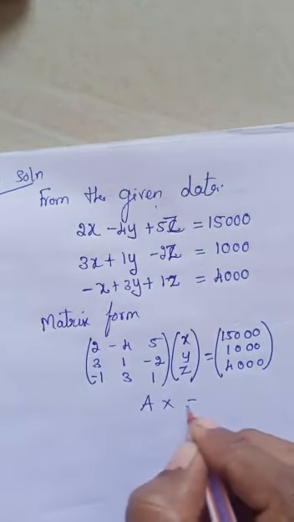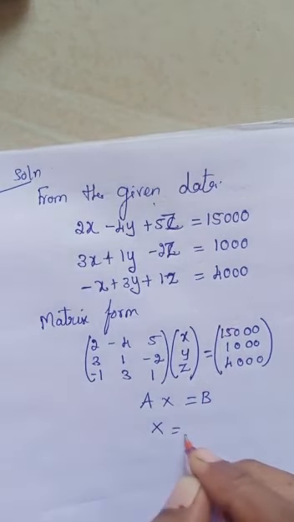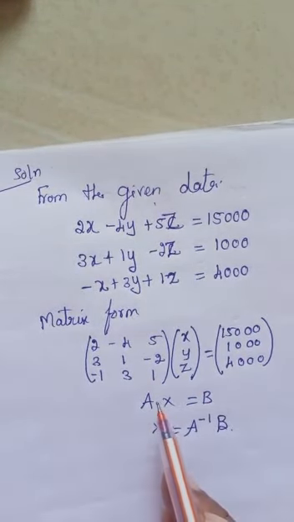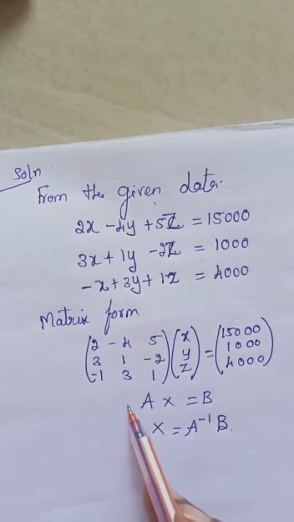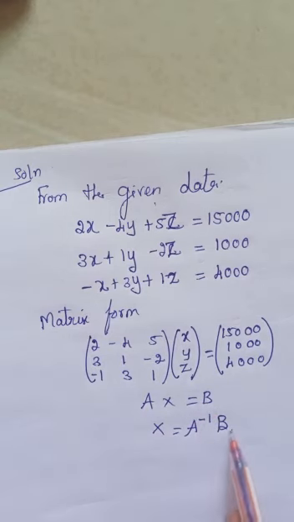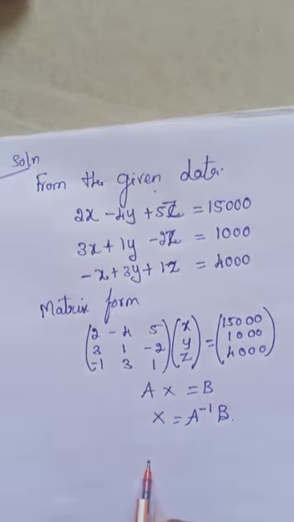This is AX equal to B and X is equal to A inverse B. Isn't it? I have already explained this very clearly in yesterday's class. So, pre-multiply by A inverse on both sides. So, A will be eliminated and there we will get A inverse into B.